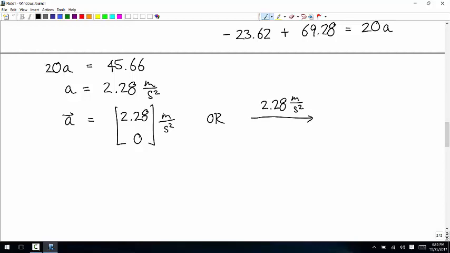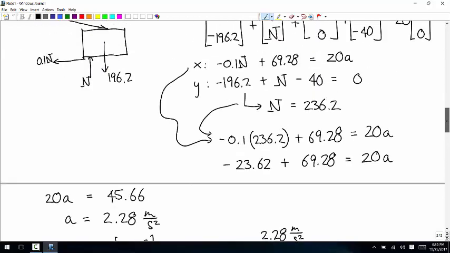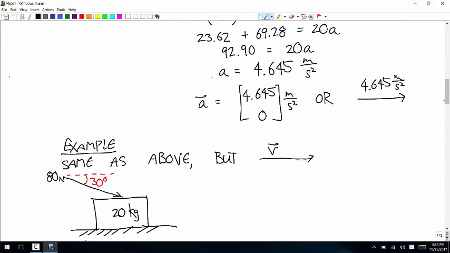So in this case, is the box speeding up or slowing down? Yeah, so now the acceleration's in the same direction as velocity, so it's speeding up. What changed was the magnitude of the acceleration went down a lot from the first case to the second case. And the reason for that is the friction force, no matter what the other forces are doing, is always trying to slow the object down.